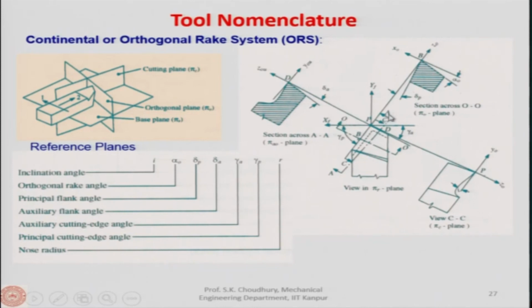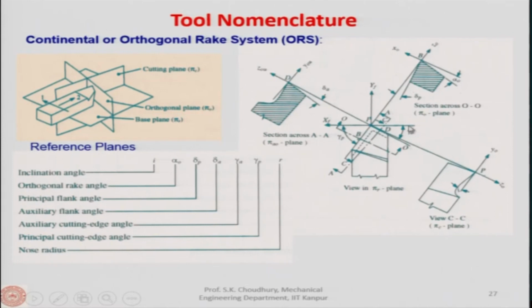One section will be CC. This is actually a view because it is not a sectional view, it is not cutting, it is just lying on C, because the cutting plane contains the cutting edge. This is the principal cutting edge, and this is the auxiliary cutting edge.